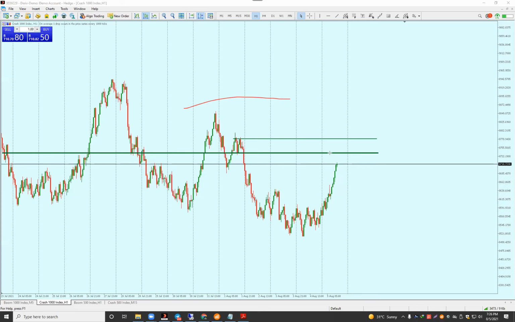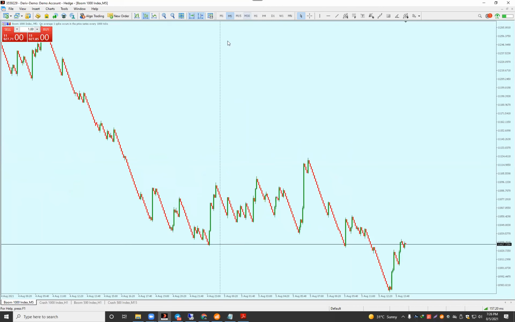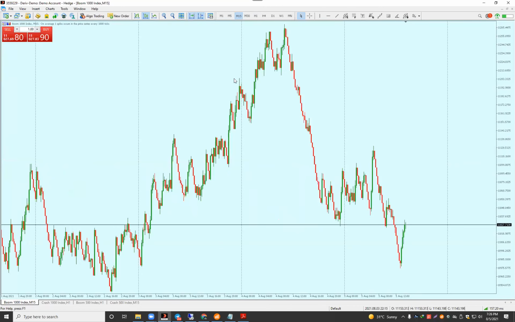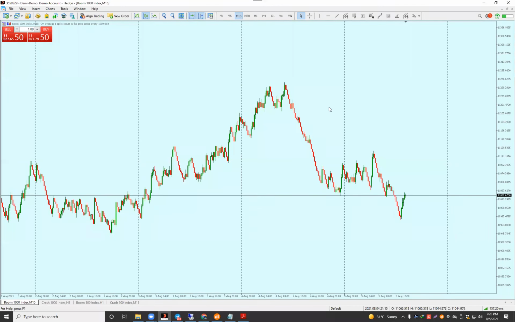Okay. On this pattern, on 15 minutes, it is a downtrend, right? Here, which is this pattern? Chart pattern. Rising wedge.